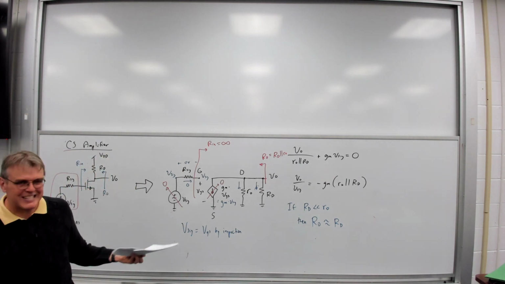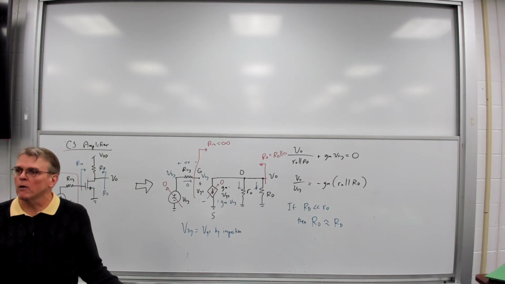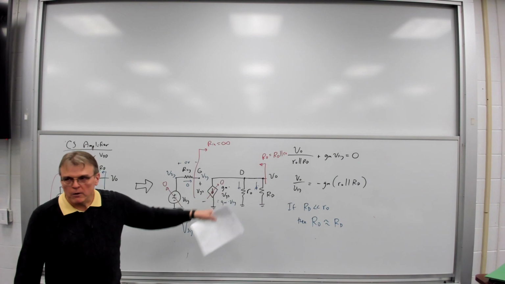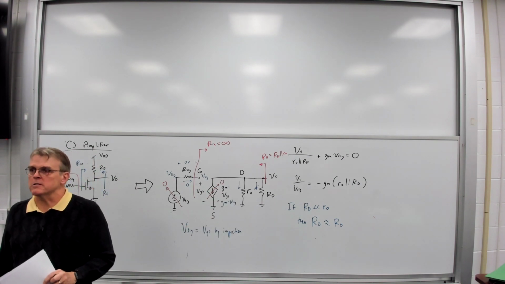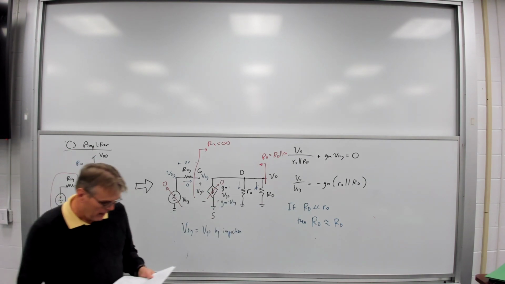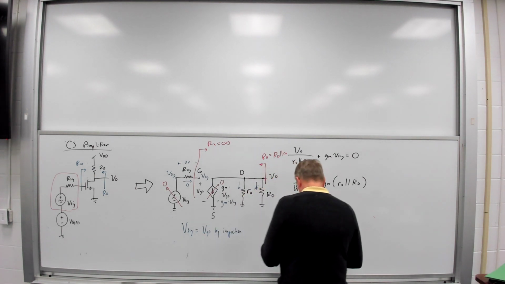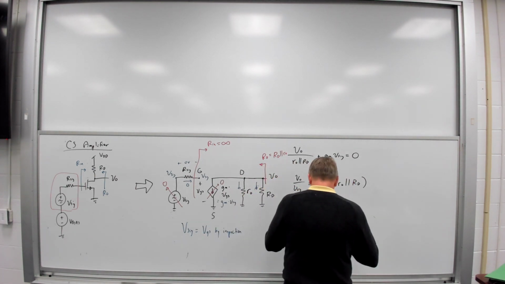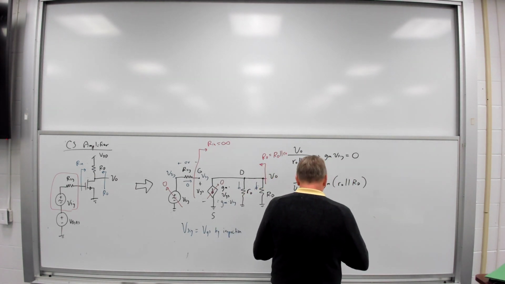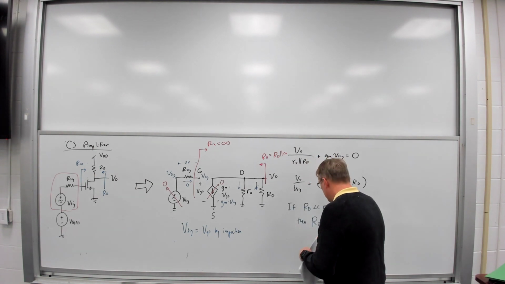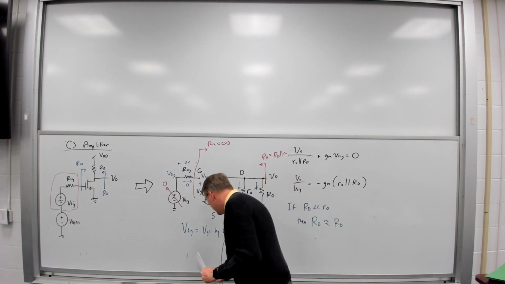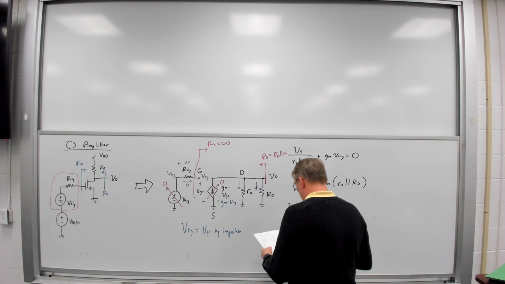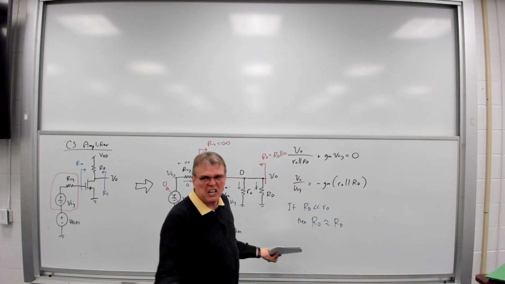Typically, the drain resistance dominates because it's so much smaller than this R sub O, the drain source resistance of the transistor. So the output resistance is typically going to be on the order of anywhere in the kiloohms region.